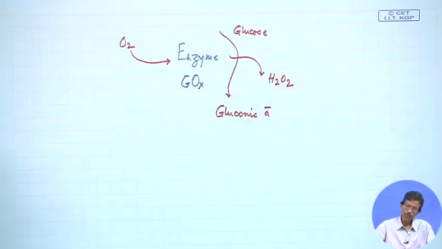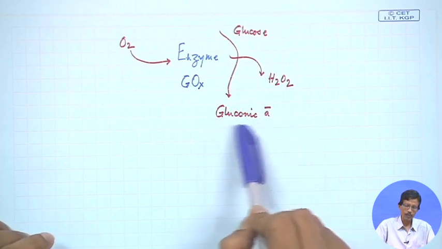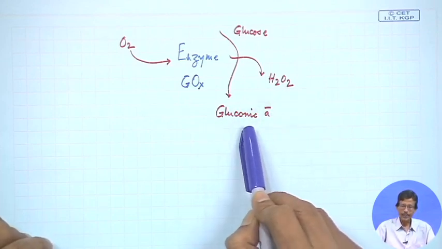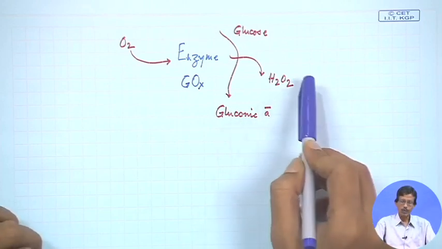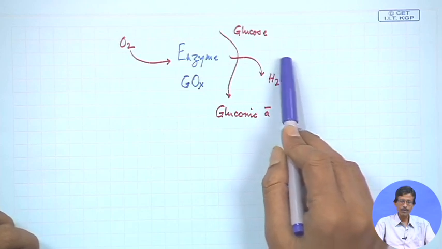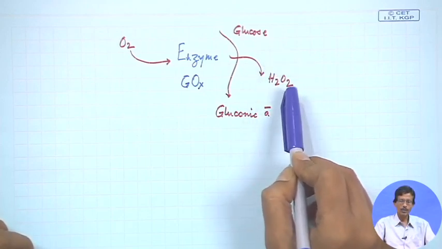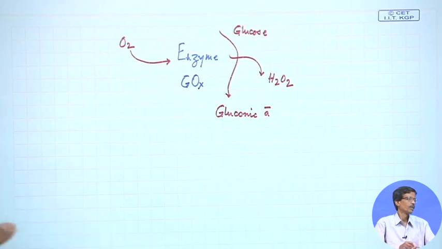If the same amount of H2O2 is formed together with the gluconic acid, there is no need to detect this oxidized form of glucose, that means the gluconic acid. You can only detect the concentration of this H2O2, as we know that this is also electroactive, and hydrogen peroxide you can also detect by the electrode for its concentration.